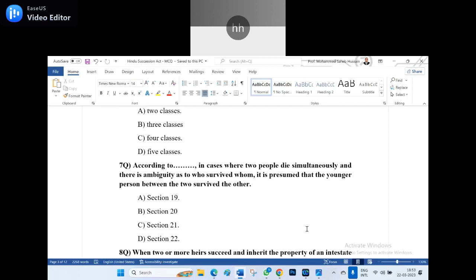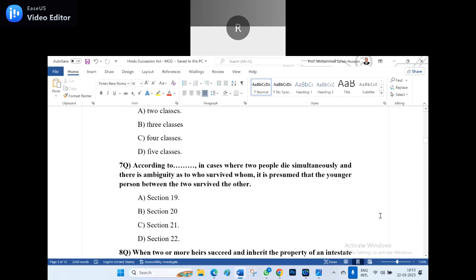Option A, Section 19; B, Section 20; C, Section 21; D, Section 22. Sir, A, Section 19, I think. Wrong. C, 21. C is the right answer.